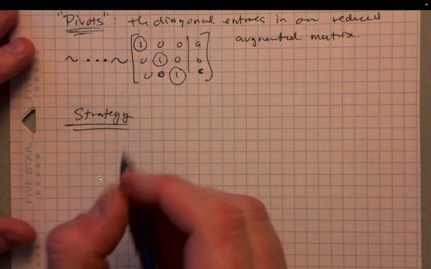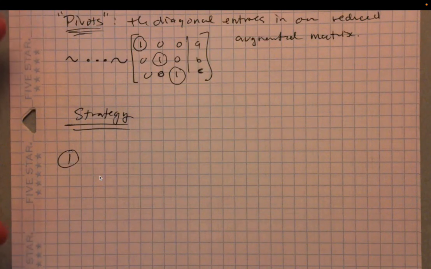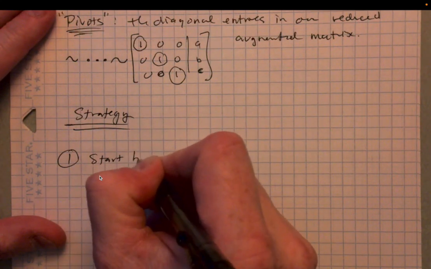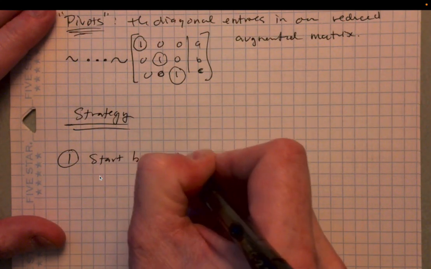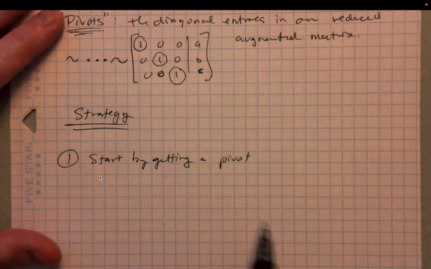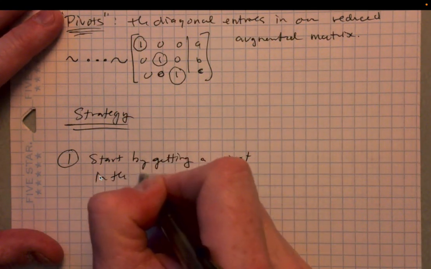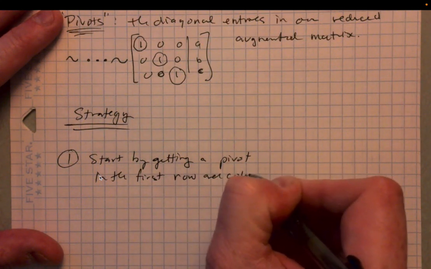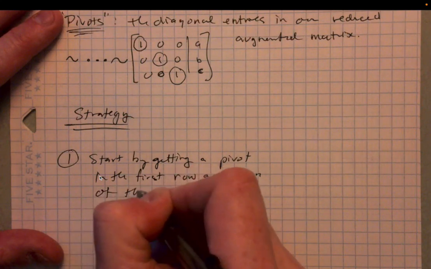But here's the basic strategy. You want to start by getting a pivot in the first row and column of the matrix.